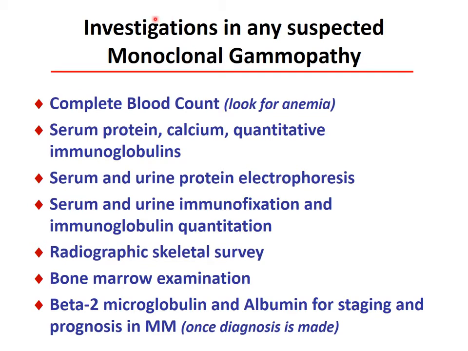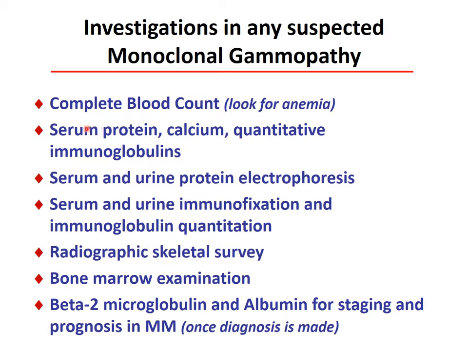Now, let's see how we can investigate when we suspect a monoclonal gammopathy. First of all, we do a complete blood count, especially checking red blood cells, platelets, and white blood cells, because when we have an abnormal clonality in the bone marrow, usually the normal cells are suppressed.